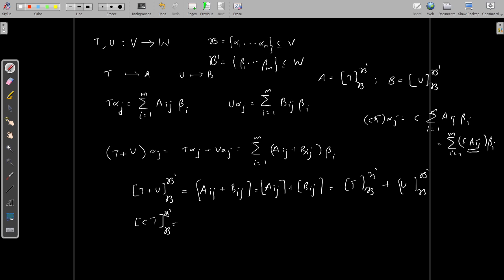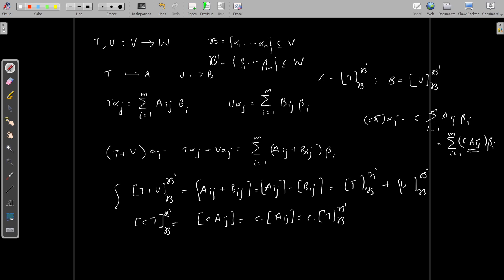Then this defines the matrix of cT. So the matrix of cT is the matrix c times a_ij, which is c times the matrix of T relative to the bases B and B prime.